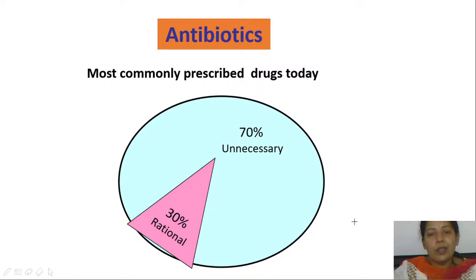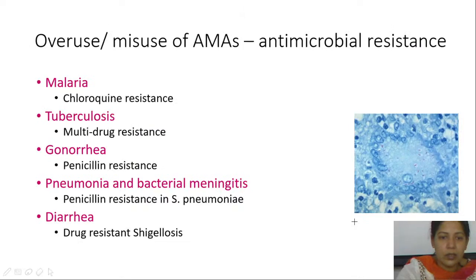Like I mentioned earlier, antibiotics are the most commonly prescribed drugs, and 70% of these are unnecessary according to some studies. How have antimicrobials led to antimicrobial resistance? Malaria was initially sensitive to chloroquine, and chloroquine was very highly effective for malaria.